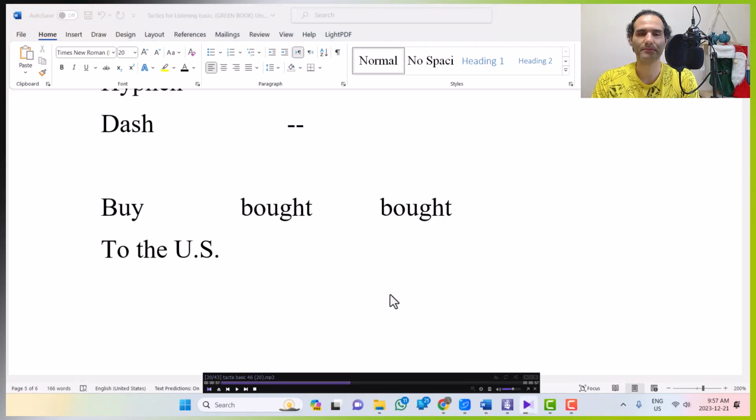Because everyone told me how expensive American clothing is. I was kind of surprised that I could get nice clothes here for very reasonable prices. Look at the pronunciation, preposition, for.